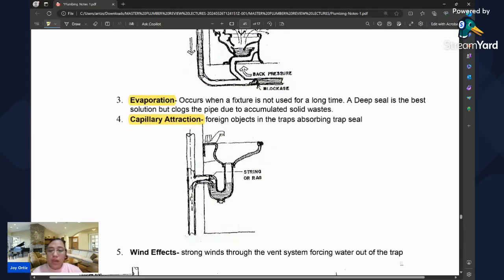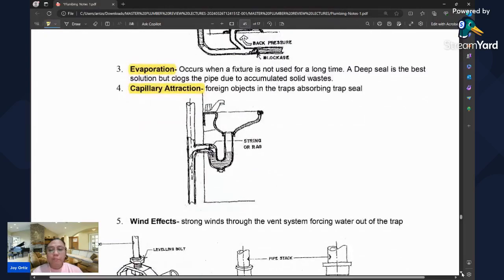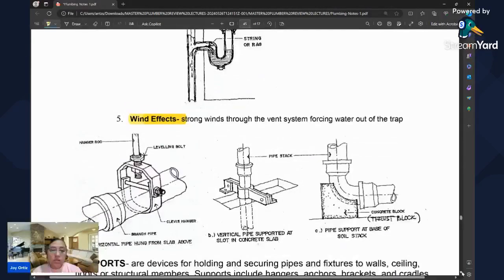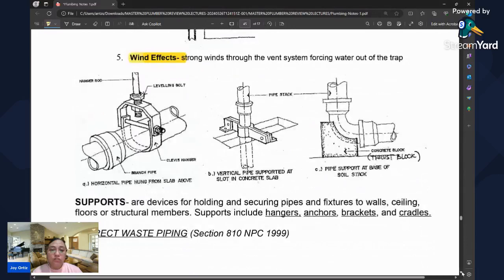So, ibig sabihin, nagkakaroon po ng mga barado because of the foreign objects. We have also the wind effect, and this is strong winds. Because of the strong winds, air through the vent system forces out the trap seal.